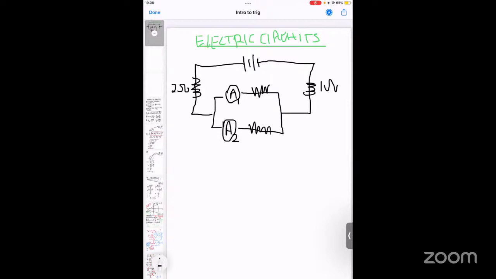And then here, let's say it has 1,5 ohms. And then this one, let's say it has electricity there, let's say it's 20 volts.